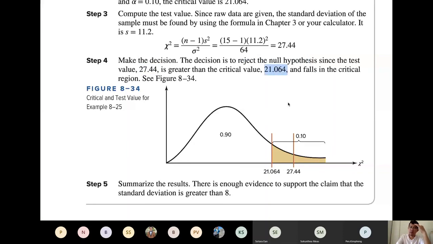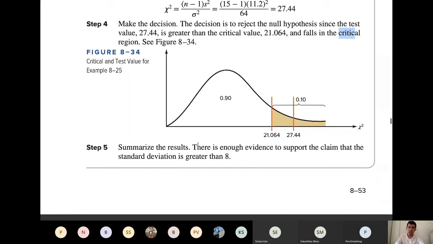Or in other words, it falls inside the rejection region or the critical region, because this region is called critical region or rejection region, just the same thing, synonyms.